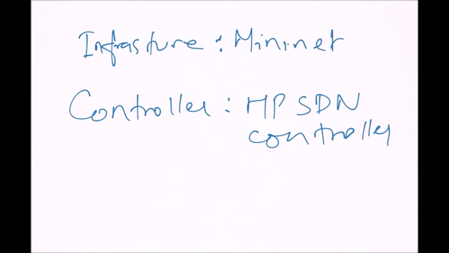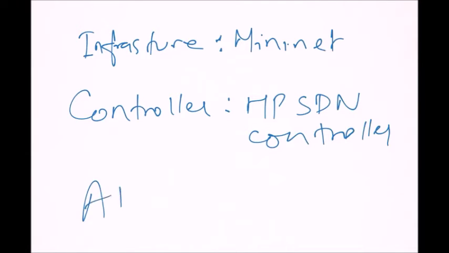There are many other controllers available too, but I was able to find documents and support for this SDN controller, so I'm using it. But of course, there are other controllers that could be used.